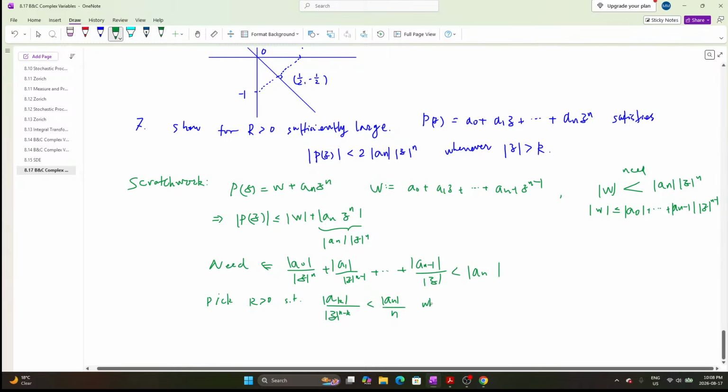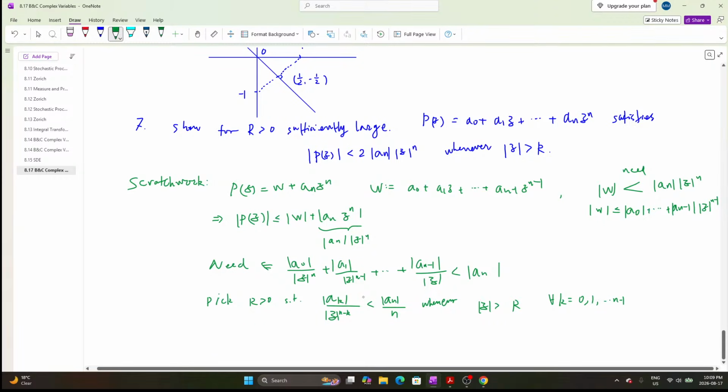Now, whenever the modulus of z is greater than r, and this is possible because each of these terms tends to 0 as the modulus of z tends to infinity, we want this to be true for every single term on the left hand side, so for all k equals 0, 1, all the way to m minus 1.